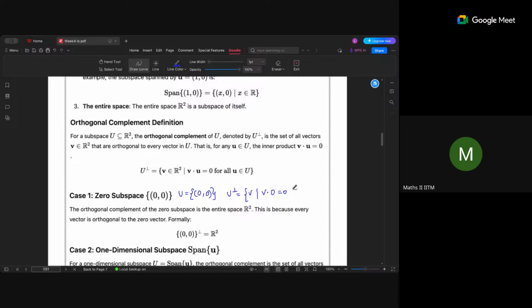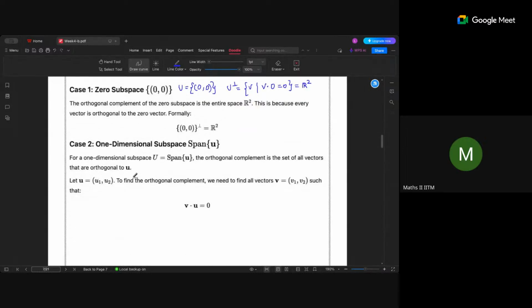What is the answer? Yes, it is going to be the entire R2. You take any vector, the dot product with it is 0, right? So you see that it is the entire R2. You all understand, right? Okay, fine.